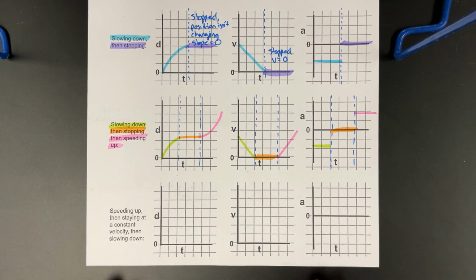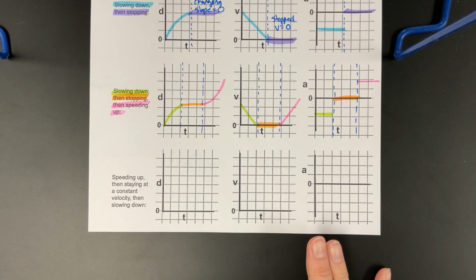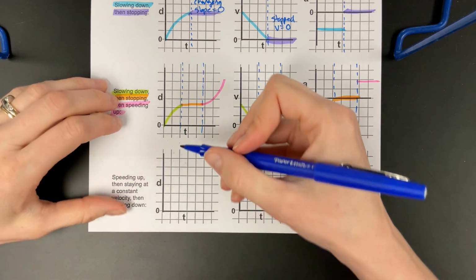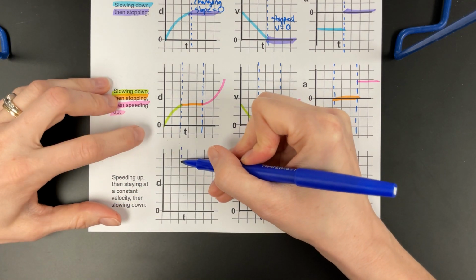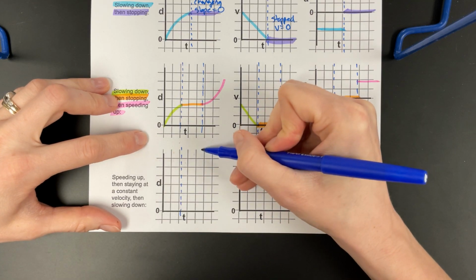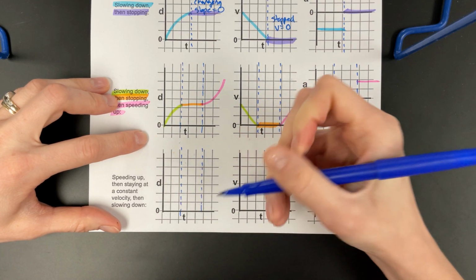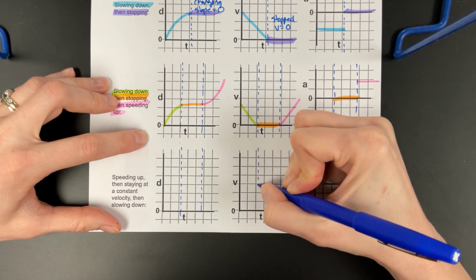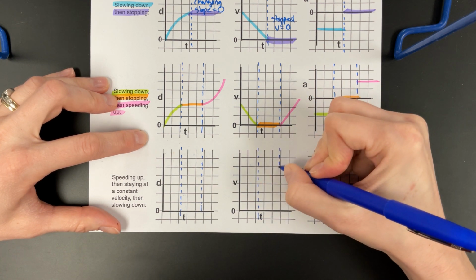Okay, last one. It says speeding up, then staying at a constant velocity, then slowing down. So this one also has 3 parts to it. So I'm setting up my graph so that I can really clearly see each part of those 3 parts.